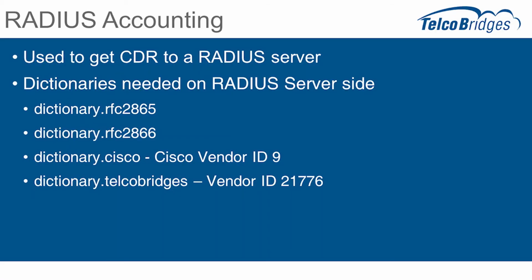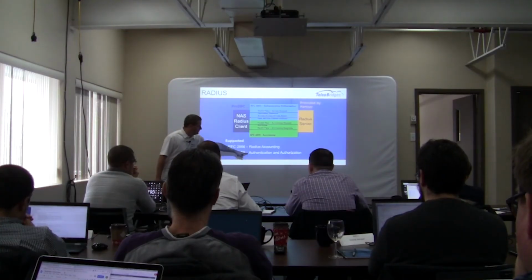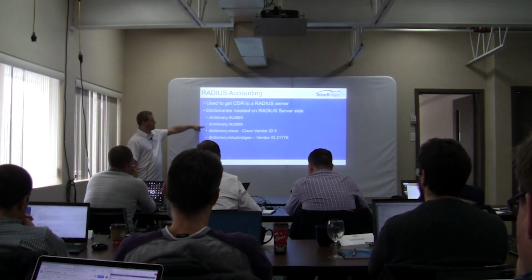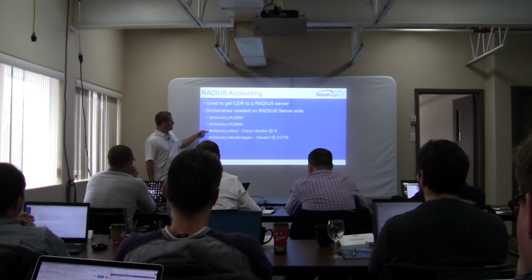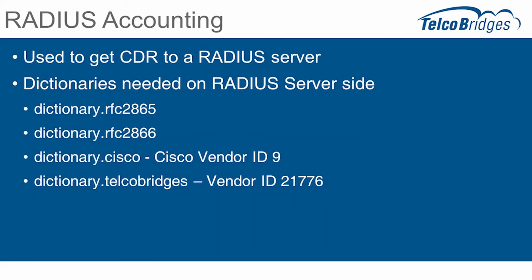We talked about dictionaries before. There are some default dictionaries that are pre-installed on the system. 2865 is the one for authentication. 2866 is the one for accounting. Then we use two other dictionaries. One is the Cisco one, which is used in these types of services, so we have some of those implemented.